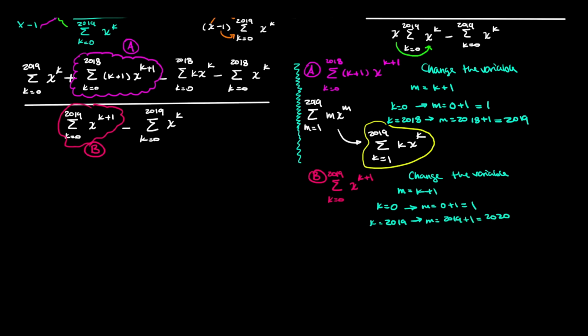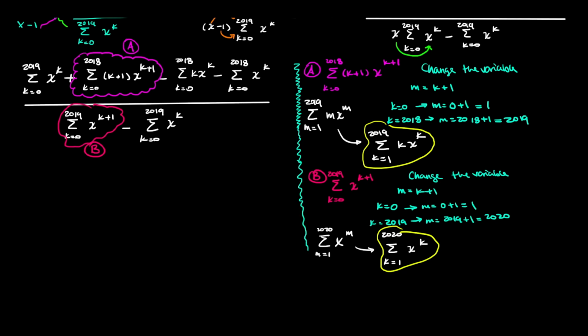So the new expression would be the summation from m equals 1 to 2020 of x to the m power. We can use the original variable here, so we can use k from k equals 1 to 2020 of x to the k. And this would be the new expression for b. Okay, perfect.